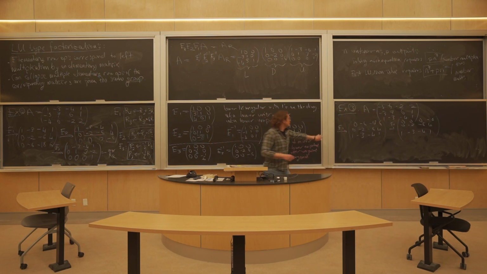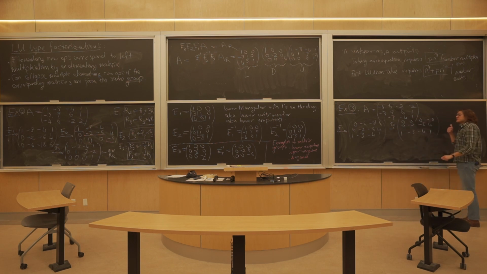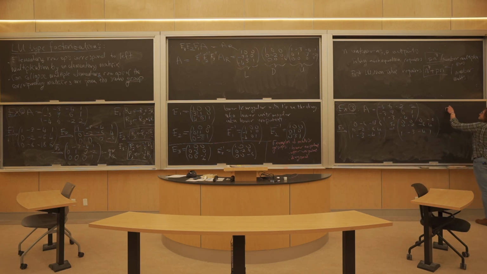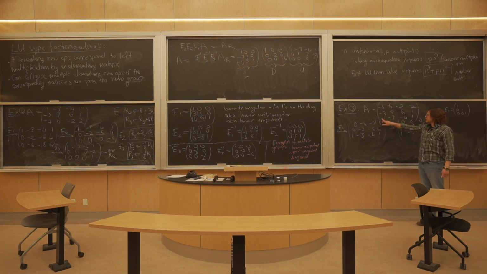So now this time, E1 and E2 are upper triangular. I took a row, the third row, and I used it to clear upwards. So take the third row, add 4 times it to the first one.